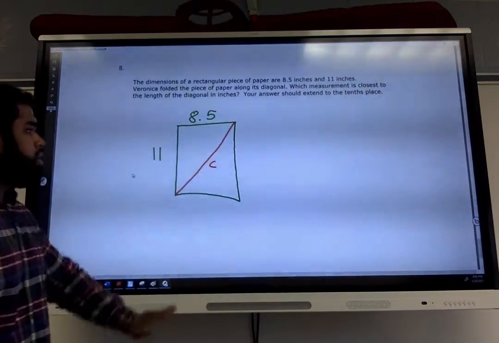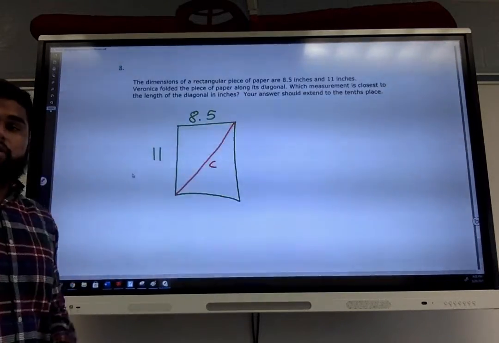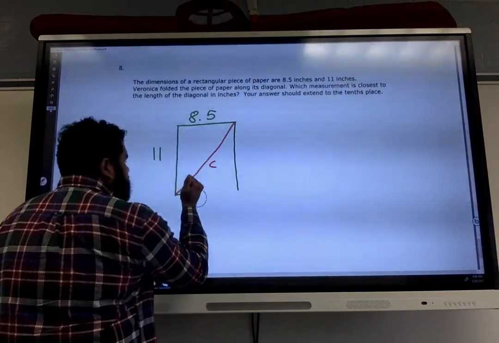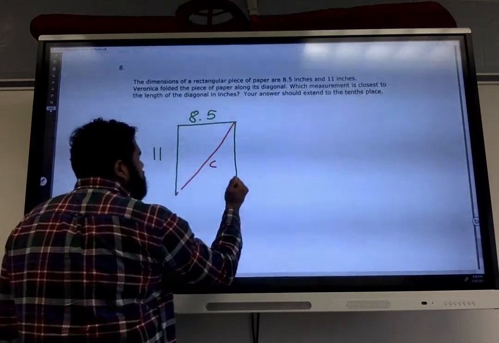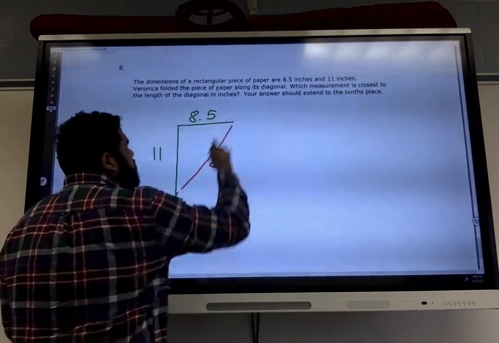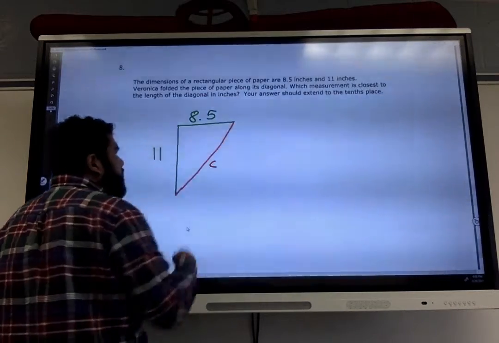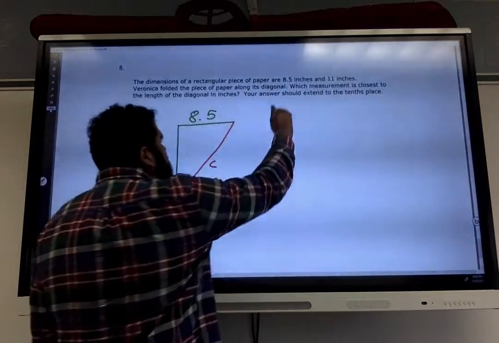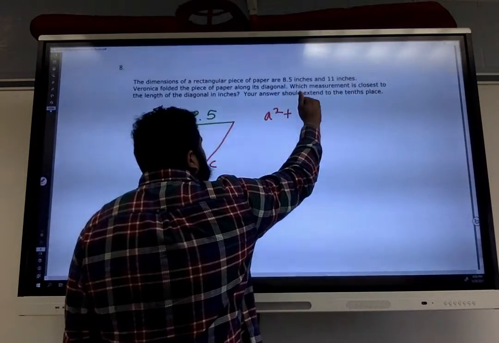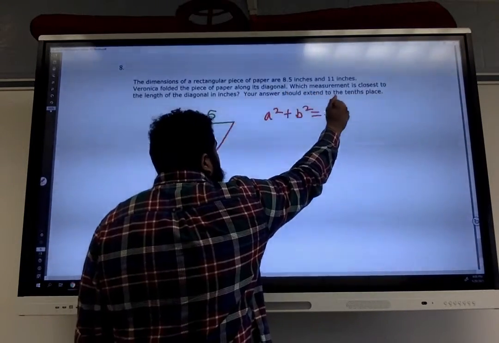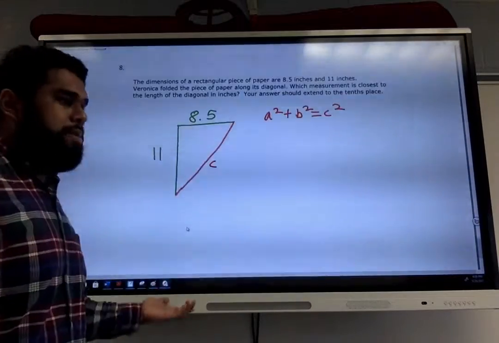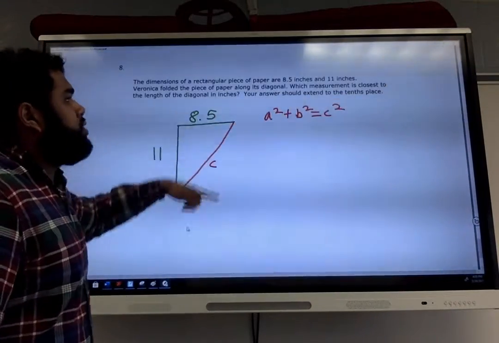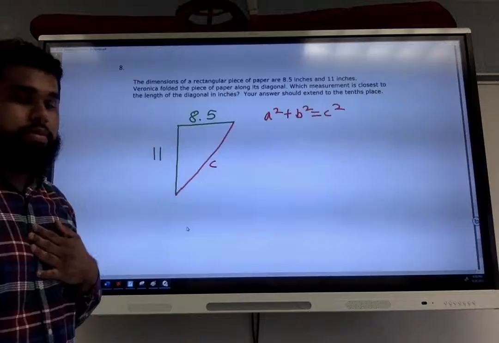Well, now this looks like a rectangle, but if we get rid of this half, which we don't need, what shape do we see now? It is a right triangle. I can use the Pythagorean theorem formula to solve for my hypotenuse, which is C. Again, C represents the diagonal, which is what they are looking for in the question.